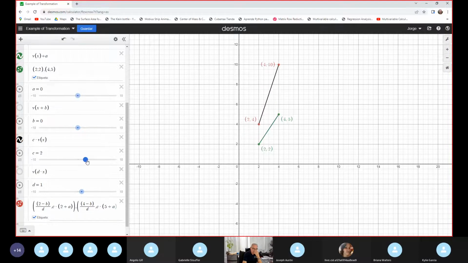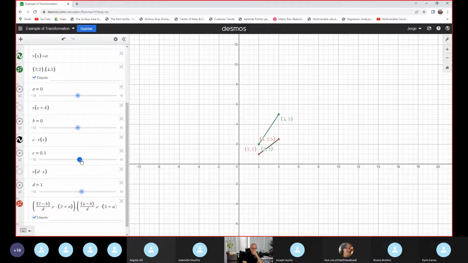Look at that. Vertical stretch. Do you see that? Yes. However, if you multiply by a number less than 1, suppose 0.8, 0.5, 0.7, the transformation is a vertical compression. Make sense now?